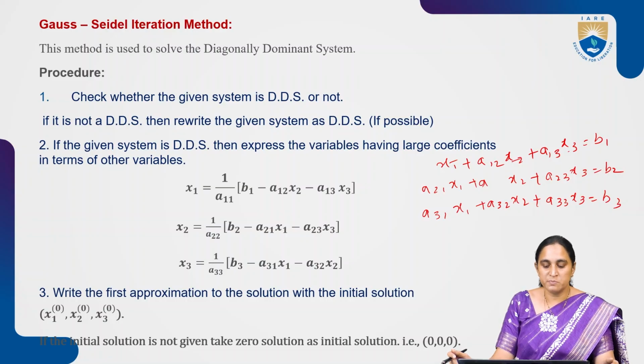Write the first approximation to the solution with the initial solution x1 power 0, x2 power 0, x3 power 0.